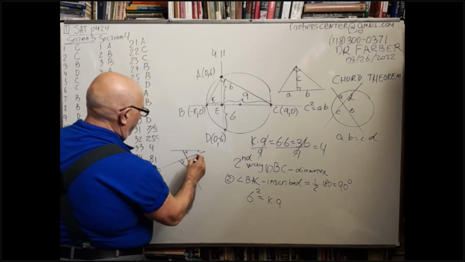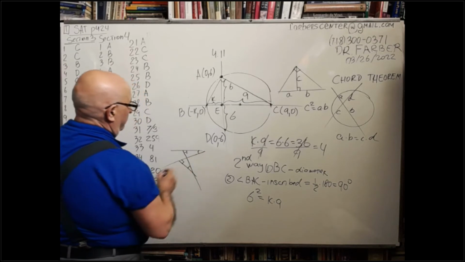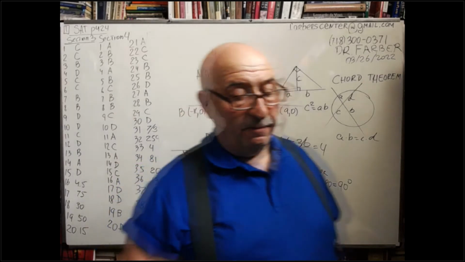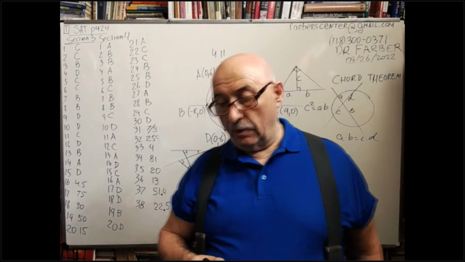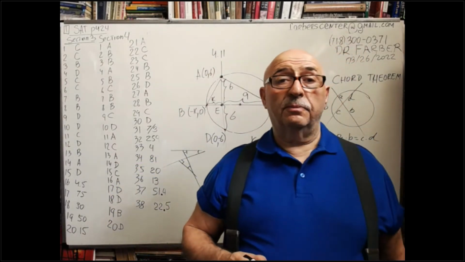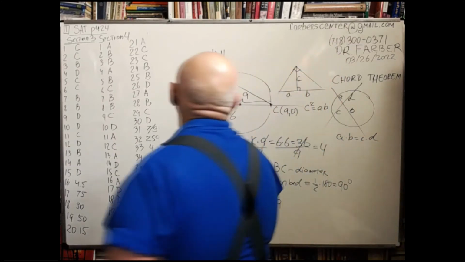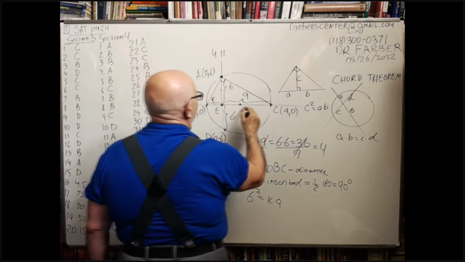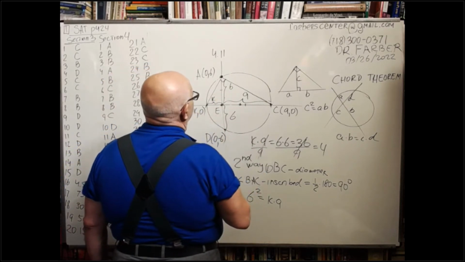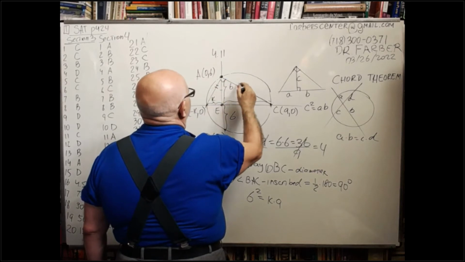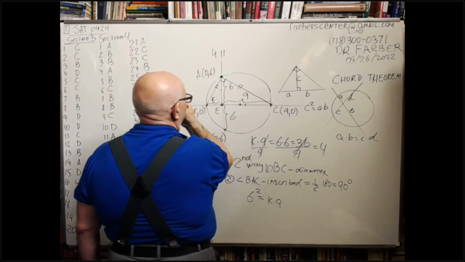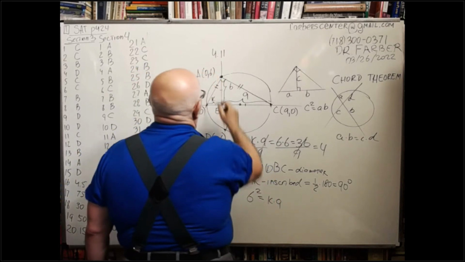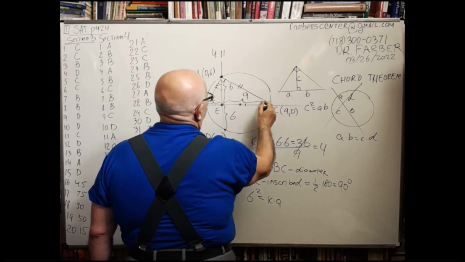And I can state that angles with mutually perpendicular sides are congruent if both of them are acute or both of them obtuse. I can easily prove that angles in these triangles, look at this side perpendicular to this side, and this side is perpendicular to this side. I can prove that this angle and these angles are the same.